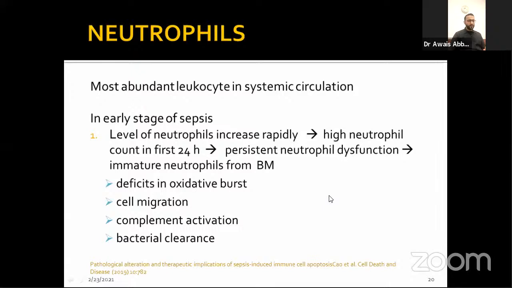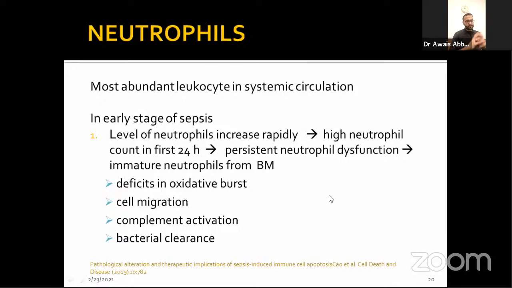For neutrophils, from the literature search, there are basically two mechanisms through which the neutrophils get affected in immune paralysis. We all know that neutrophils are the most abundant leukocytes in the systemic circulation. In the early stages of sepsis, the level of neutrophils increases rapidly. That is the reason we get a high neutrophil count in the first 24 hours.